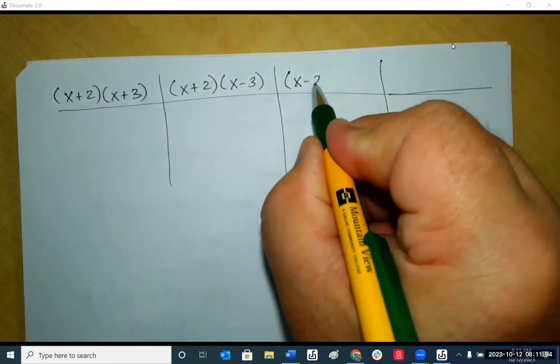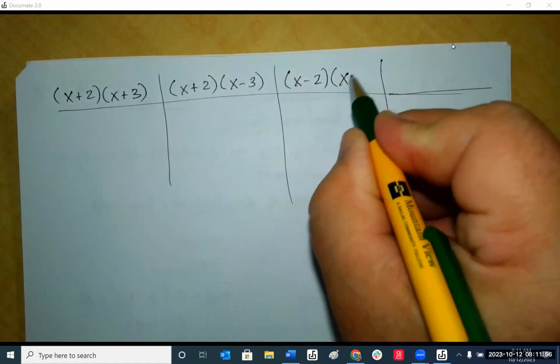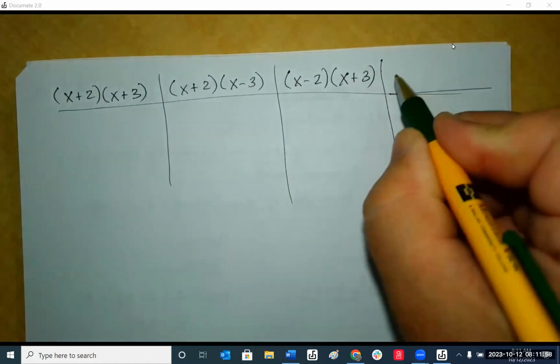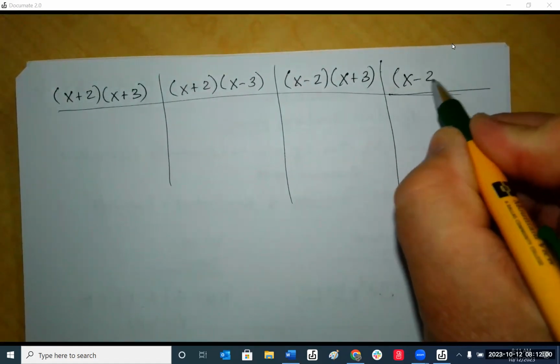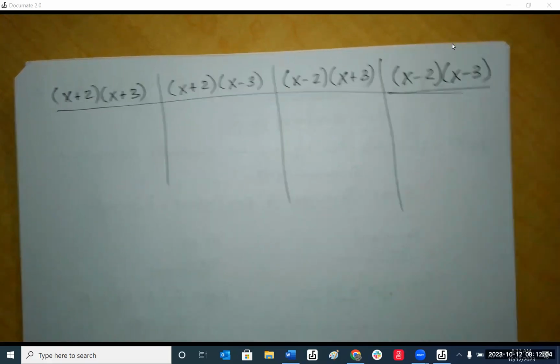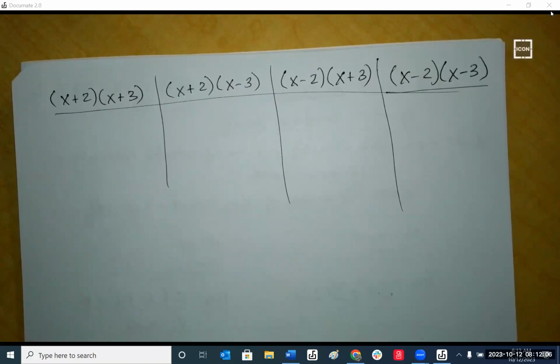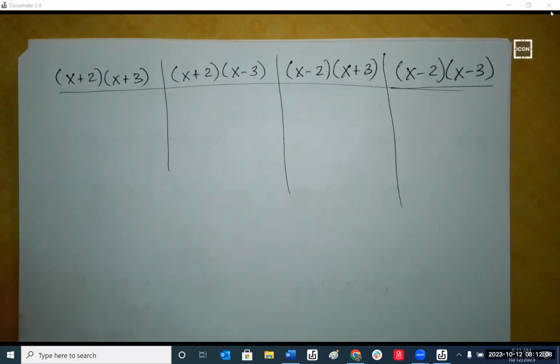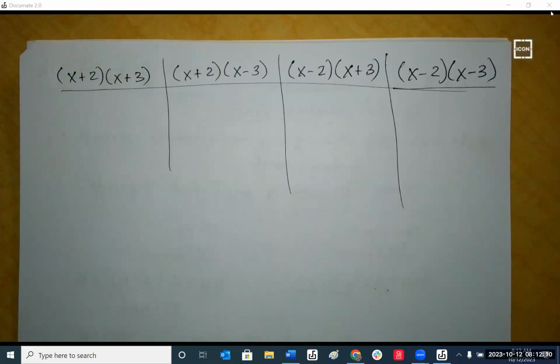They're going to be the same numbers and same letters. The only thing different will be the signs between them. And this will help us see things to make things a lot faster for us. So go ahead and multiply these out together.